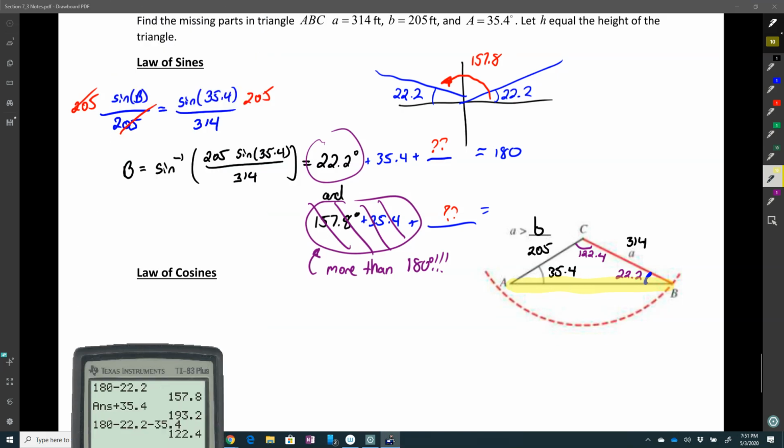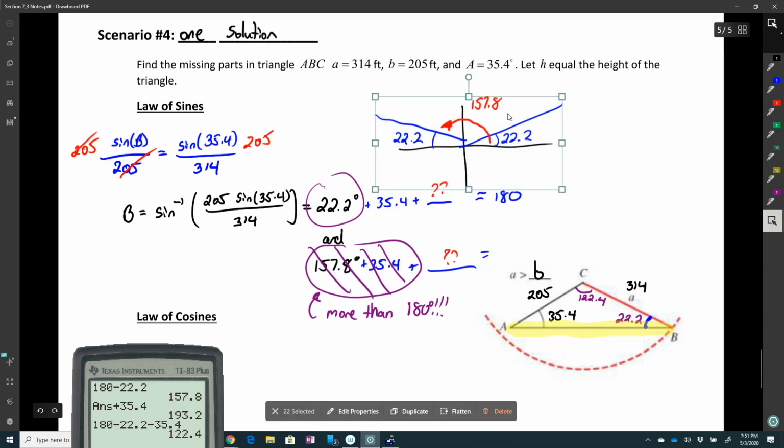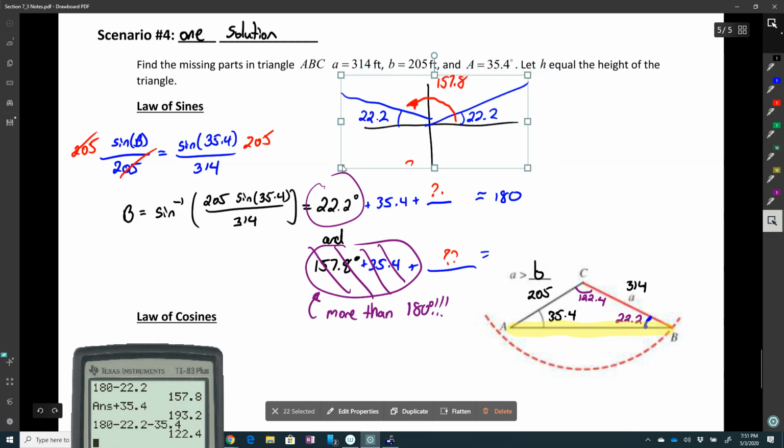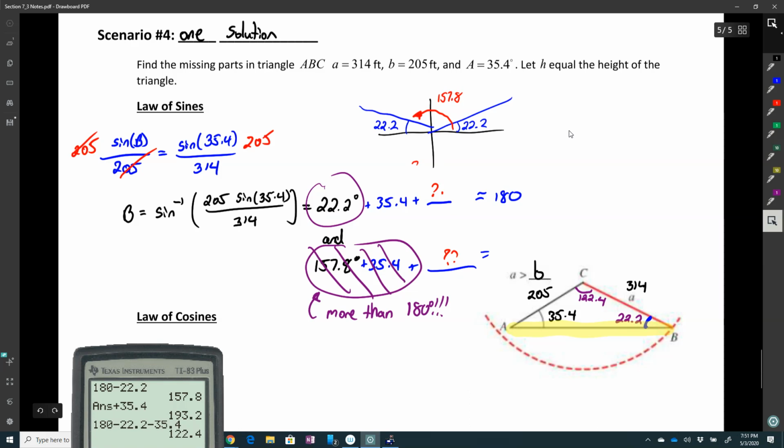So let's go ahead and use the law of sines because we're in that mindset. I wrote my question mark.